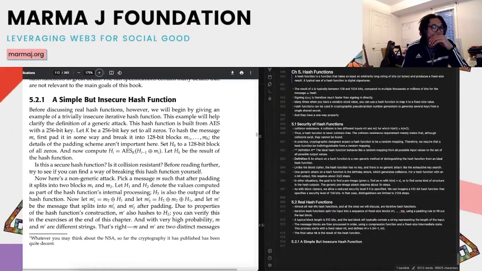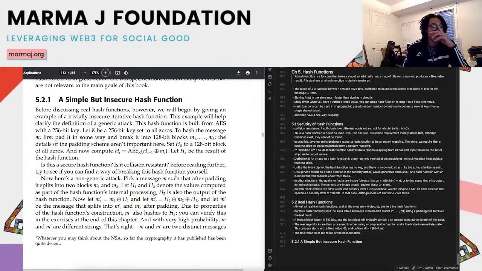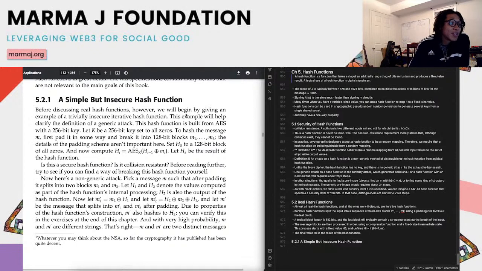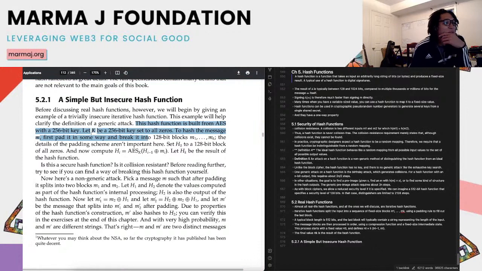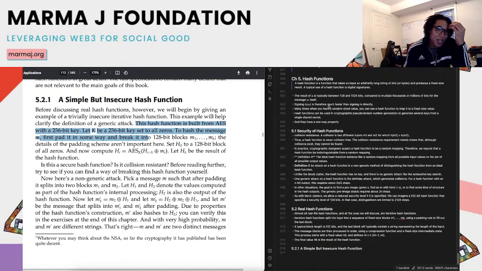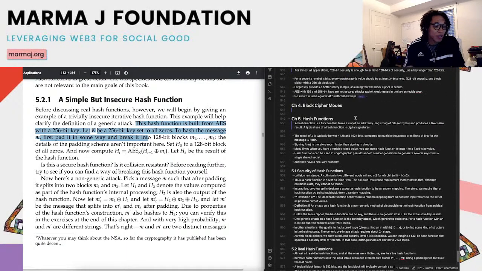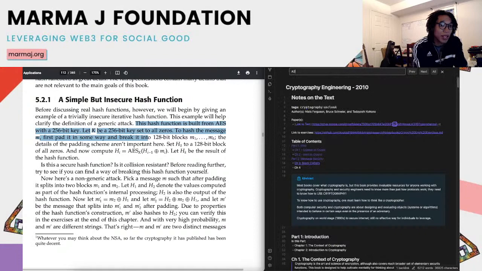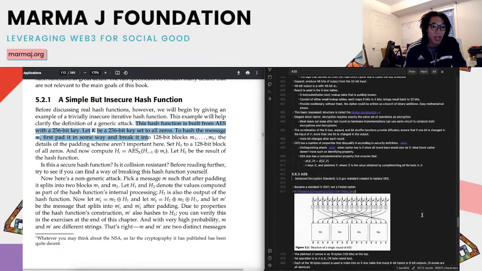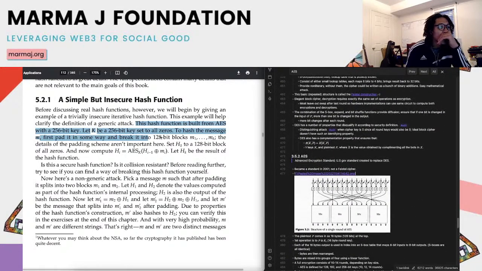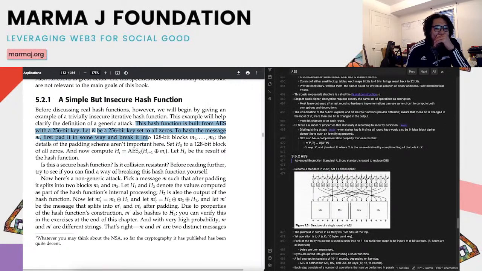So yeah, I just wanted to read it a little bit slower than what I was doing. Okay, so AES with a 256-bit key. I don't have an AES diagram in front of me, so I could go through my notes and search up AES. Okay, that's helpful. So let K be a 256-bit key set to all zeros.